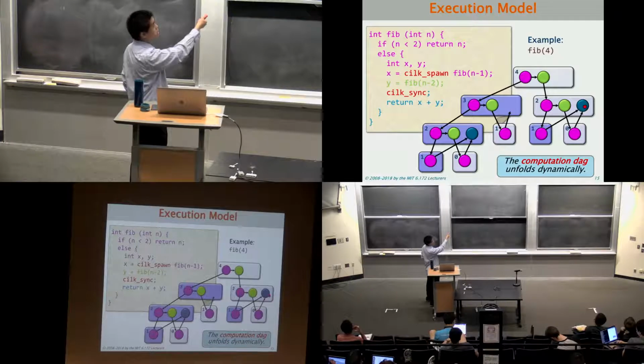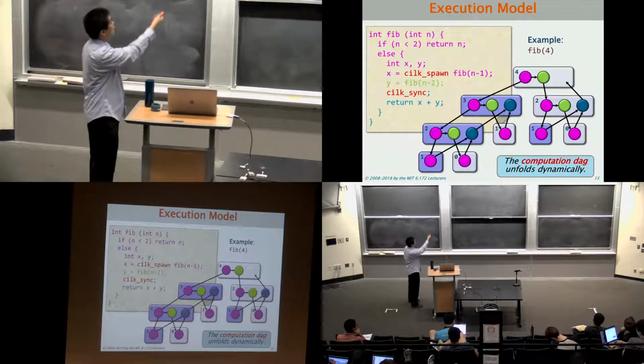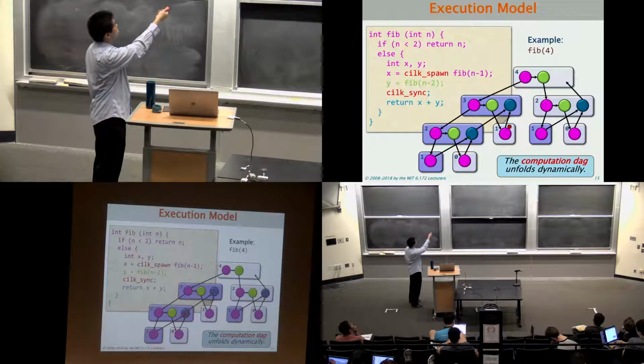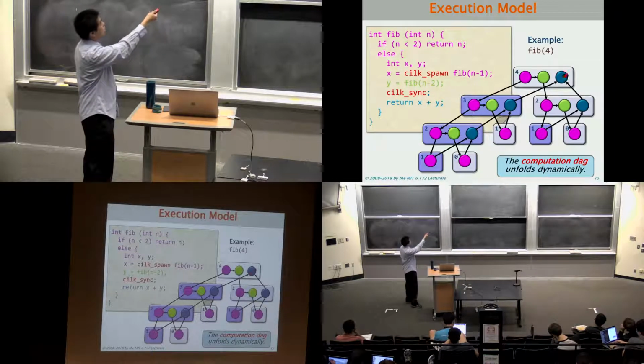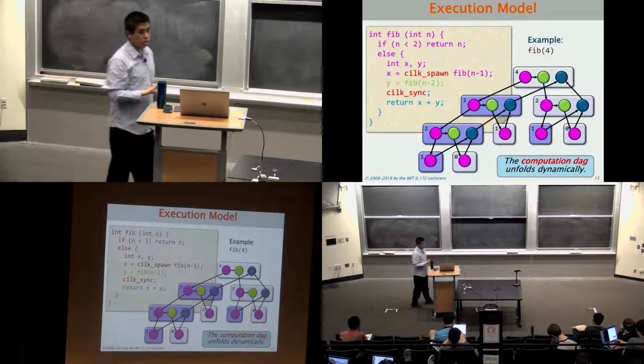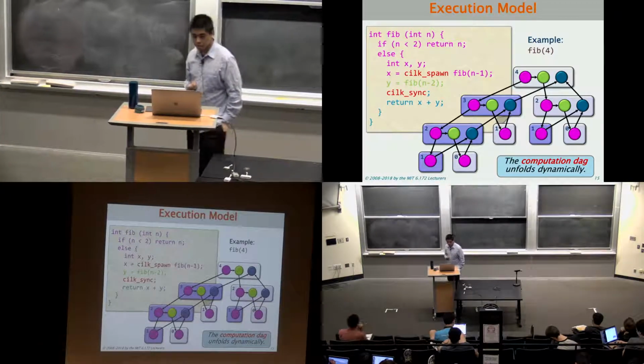And I have another blue node here, and then it's going to pass its value to the parent that called it. So I'm going to pass this up to its parent, and then pass this one up as well. And finally, I have a blue node at the top level, which is going to compute my final result. And that's going to be the output of the program.